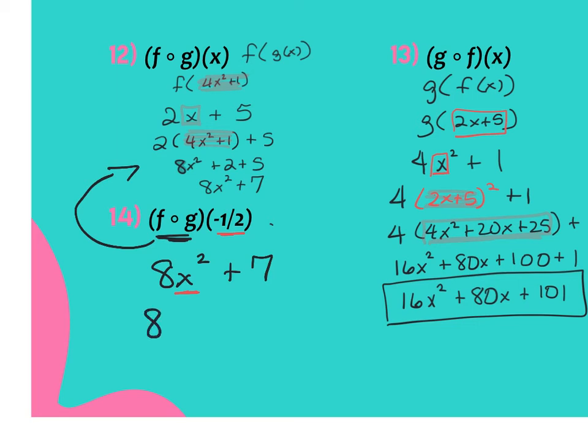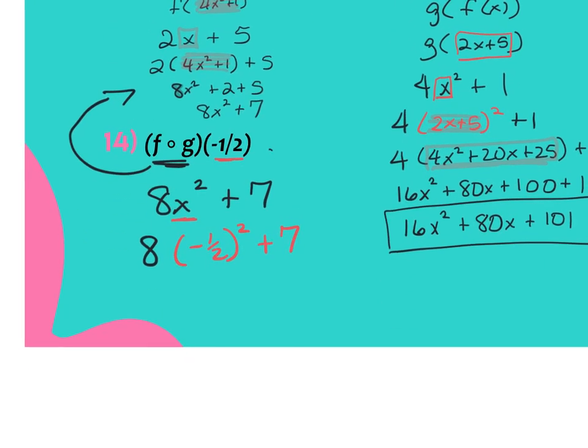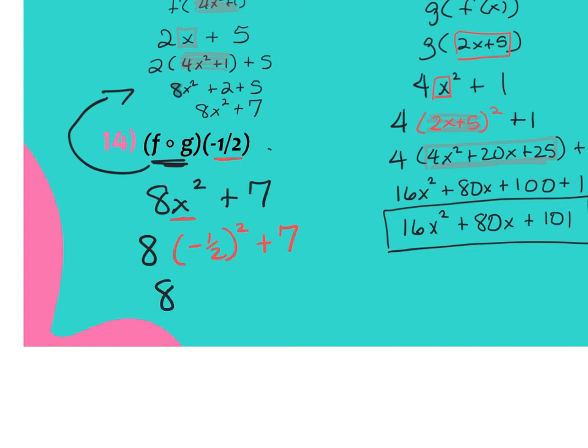So 8 and then -1/2 squared. -1/2 squared becomes 1/4. And then 8 times 1/4 is 2. And 7 plus 2 is 9.